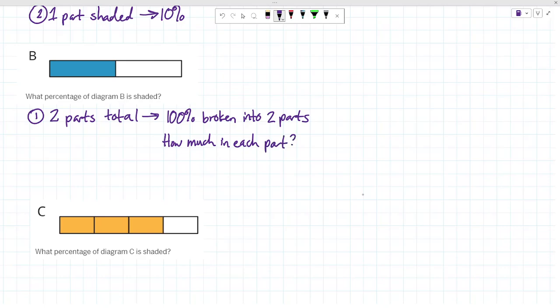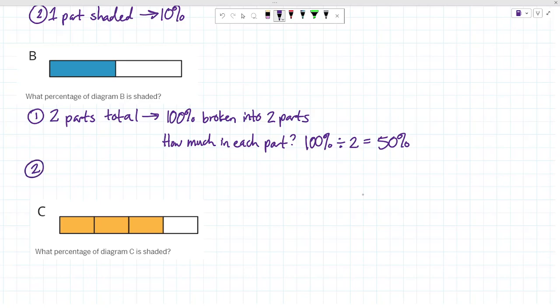Again, this is a division problem because we have 100%, we're putting 100% into 2 equal groups, 2 equal parts, so the size of each part, we can get that by taking 100 divided by 2. So 100% divided by 2, that's going to be 50% because 50 is half of 100.